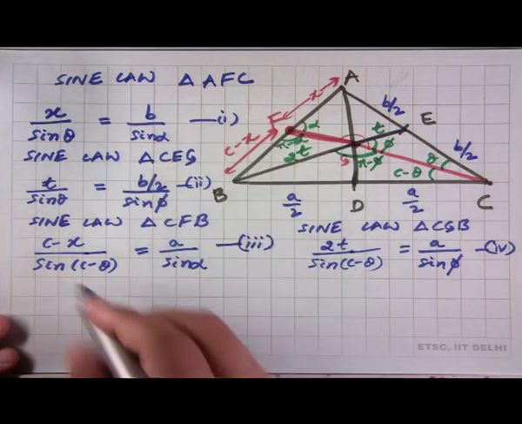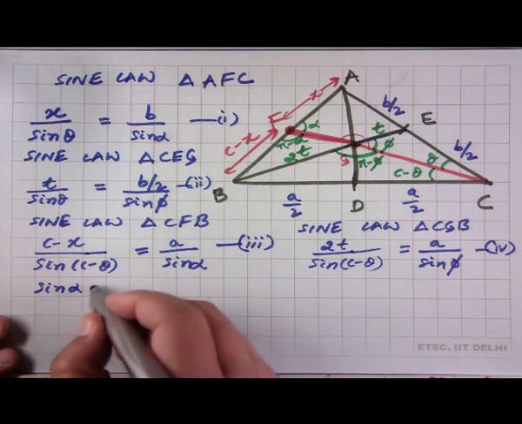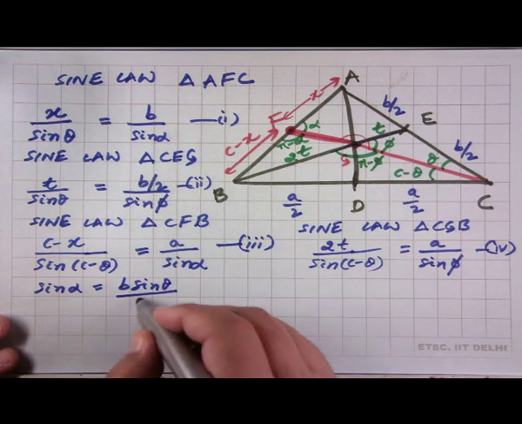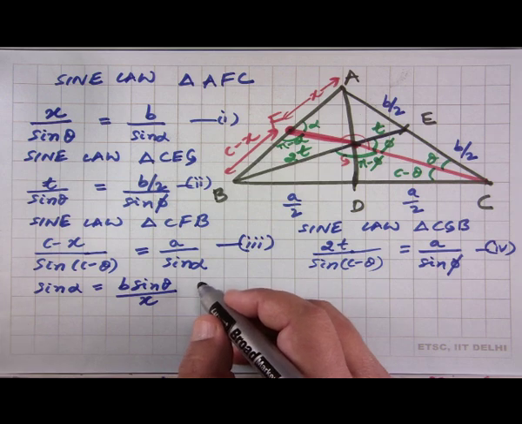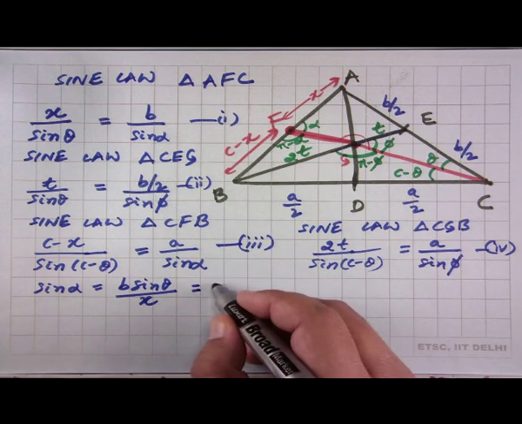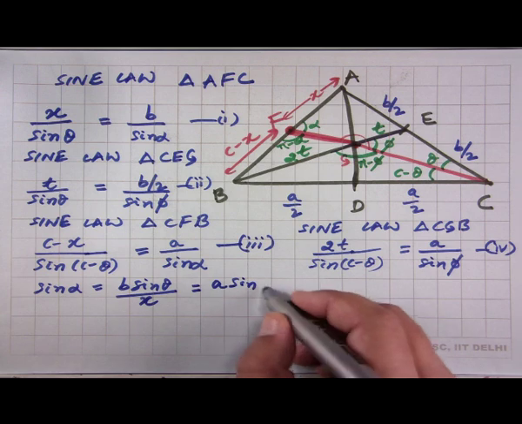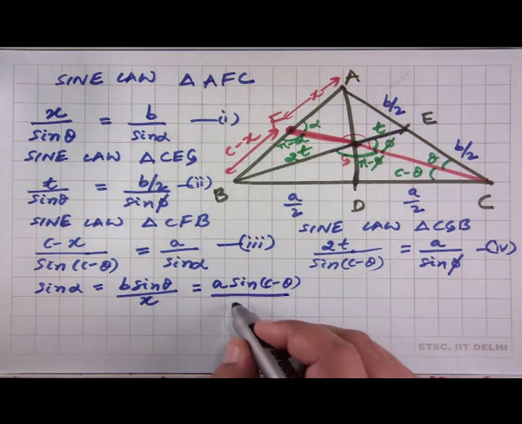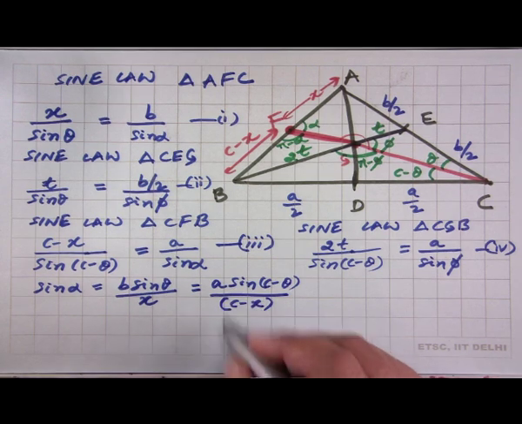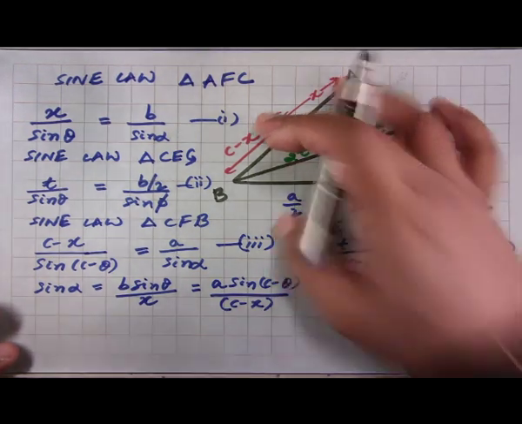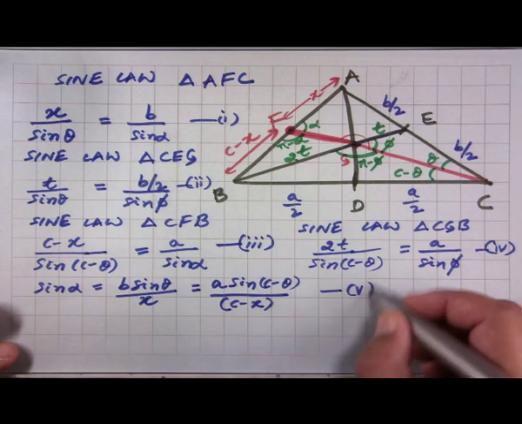So from equation 1 we have sine alpha is equal to b sine theta over x, and then from equation 3 we have sine alpha equal to a into sine of c minus theta over c minus x. So this we get by combining equation 1 with equation 3, and let us say that is equation 5.